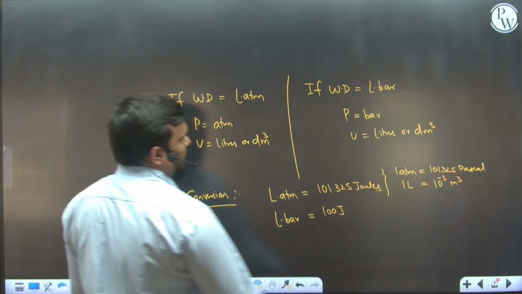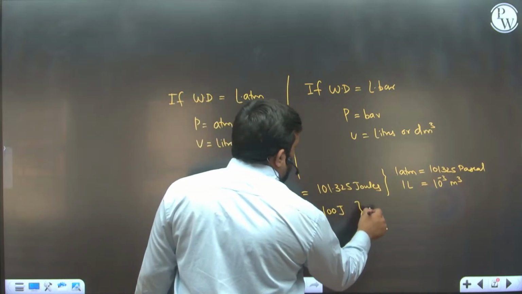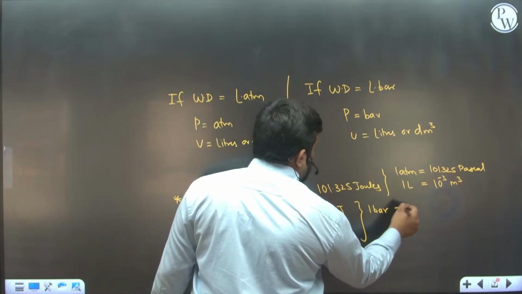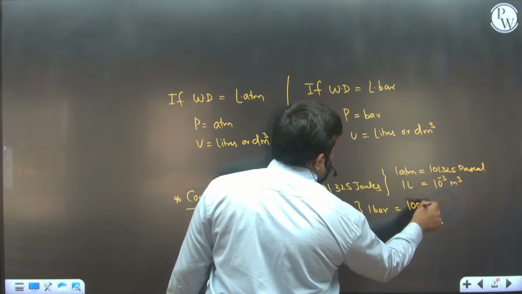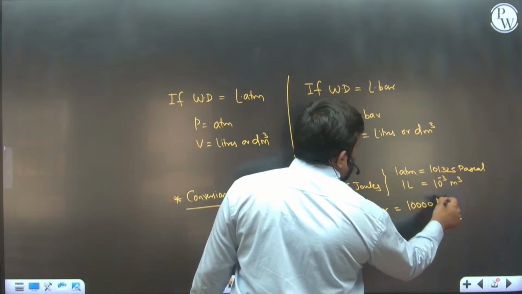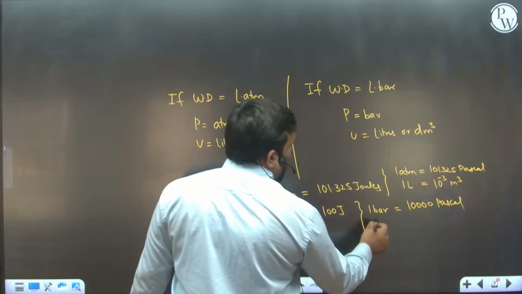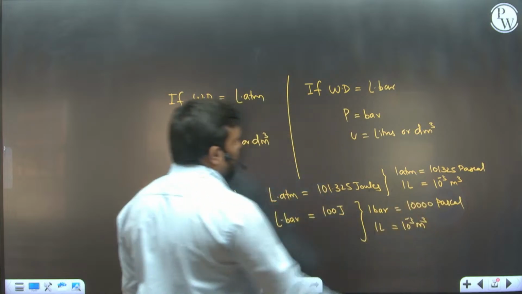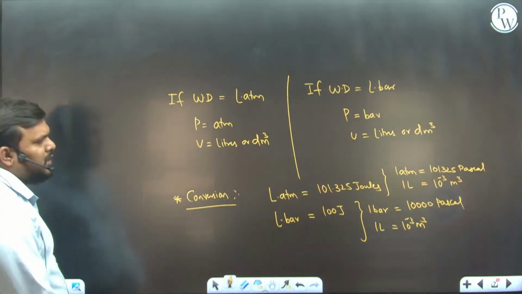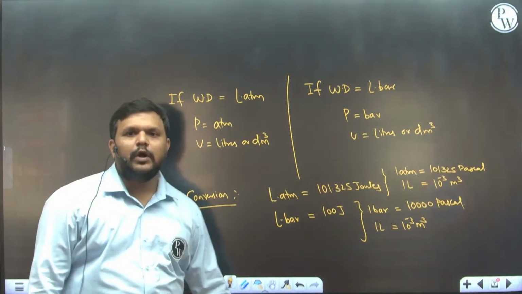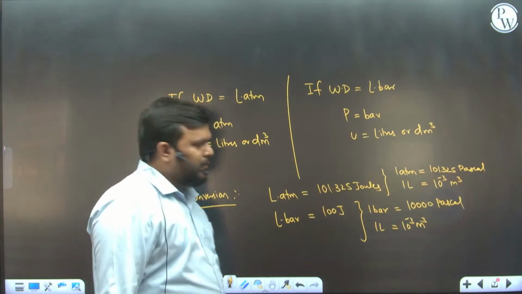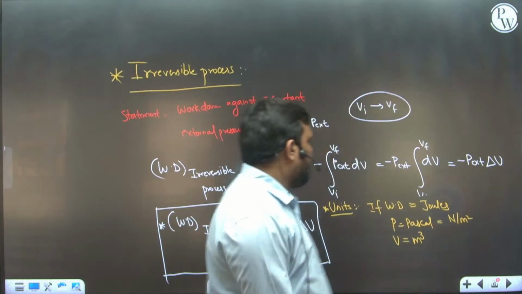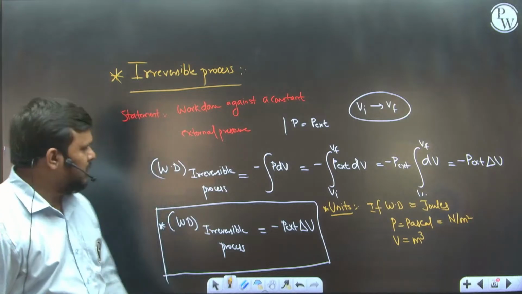Same case here: 1 bar is equal to 10 to the power 5 Pascal, and 1 liter is 10 to the power minus 3 meter cube. If you multiply, you will get 1 liter bar equal to 100 joules. So these are the important things. You must also remember the unit conversion.